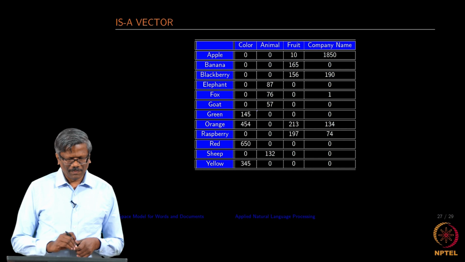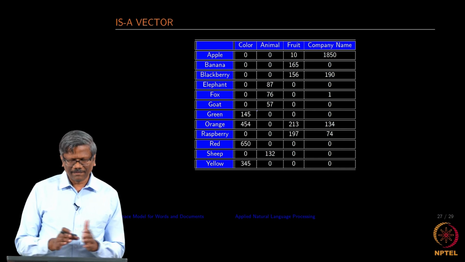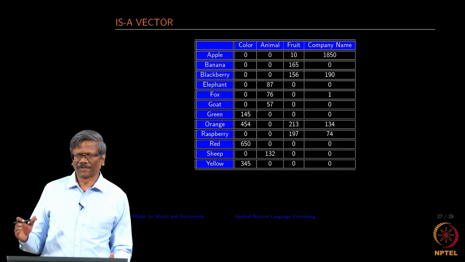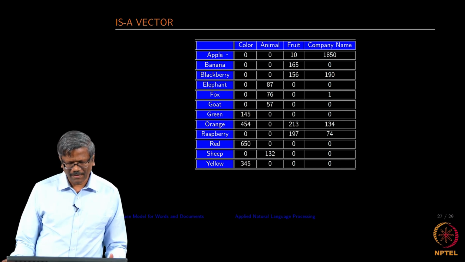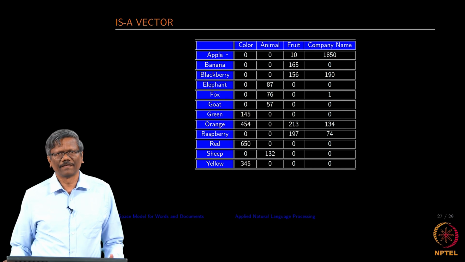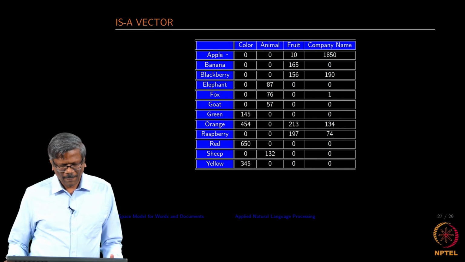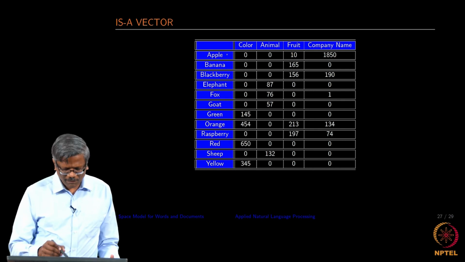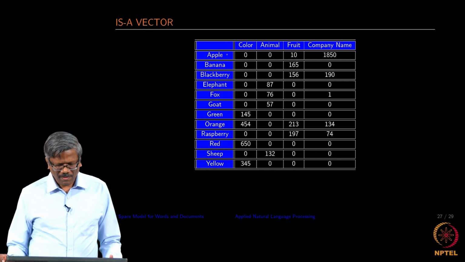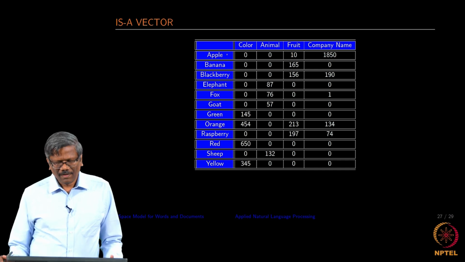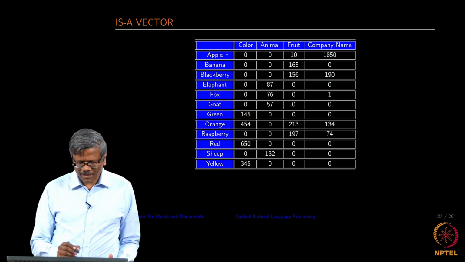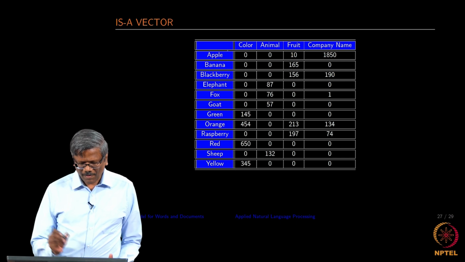Okay. So, assuming that I have taken all the documents in the corpus and then searched for words like apple, banana, blackberry, elephant and so on, and then I try to represent those words with respect to color, animal, fruit, company name and so on. Okay. Let us take a look at the first one. Okay. Apple.